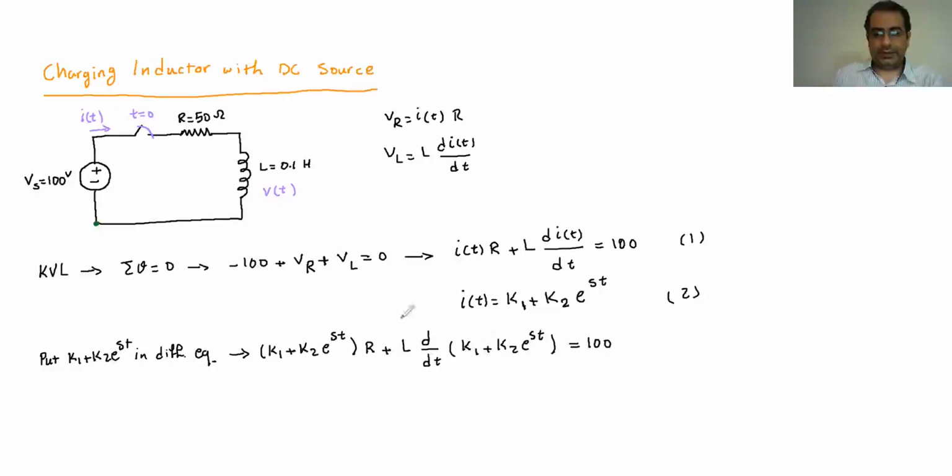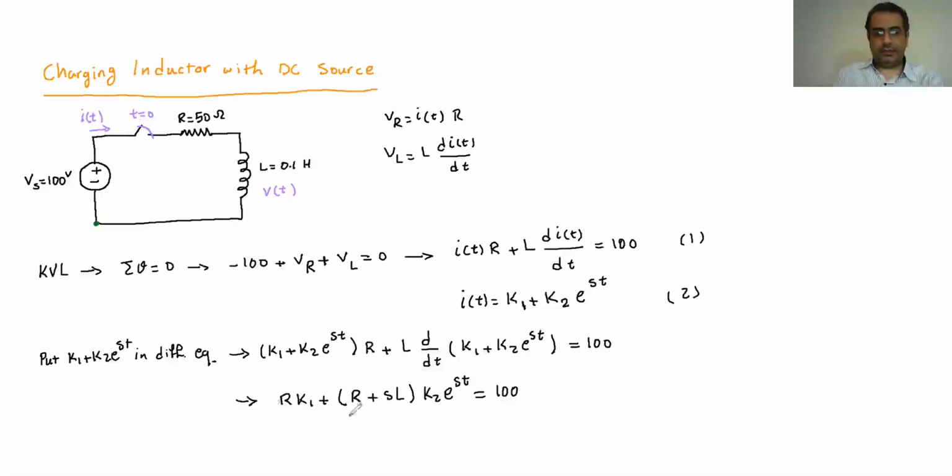If I go ahead and differentiate here and rearrange it, eventually what I'm going to get is R times K1 plus (R plus SL) K2 e to the power of st is equal to 100.